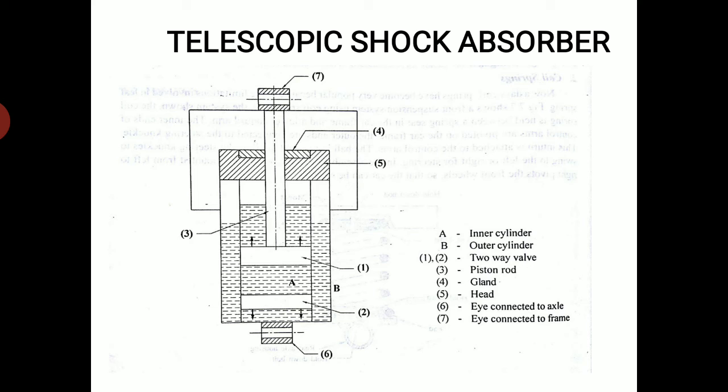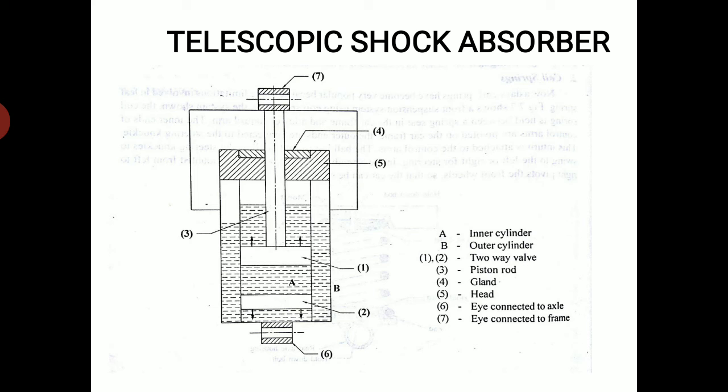With this, the oil below valve 1 will move up. Due to the resistance to the flow of oil through valve 1, it exerts pressure on valve 2. This allows oil to flow through valve 2 also. So the flow of oil through valves 1 and 2 will be slow because of the damping effect.